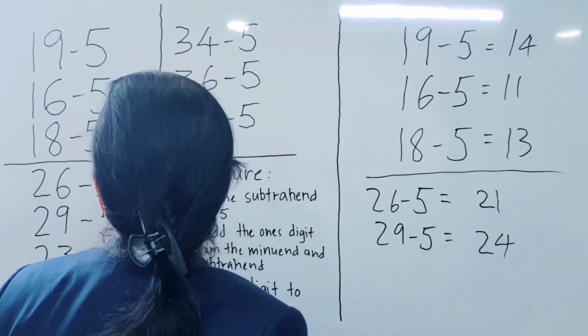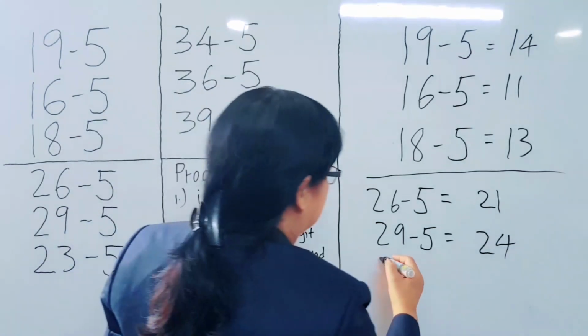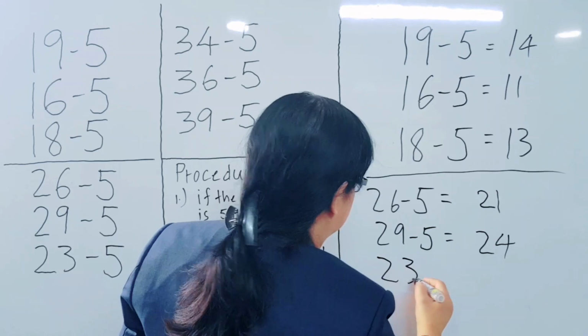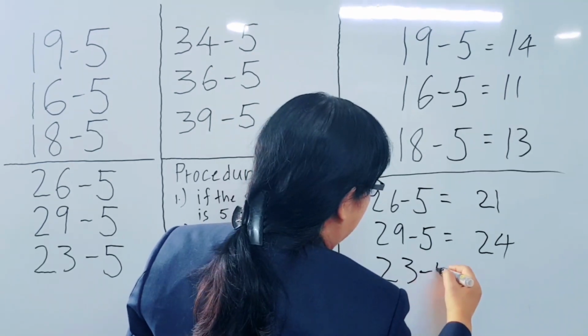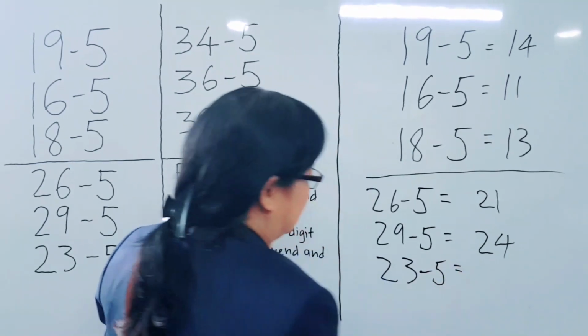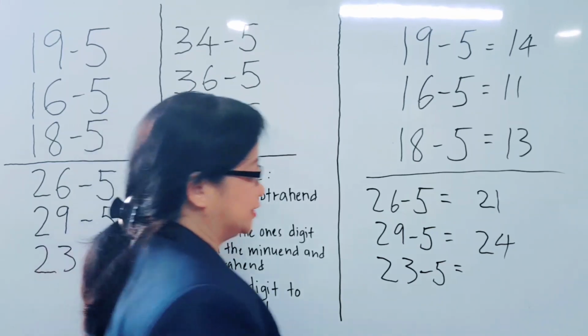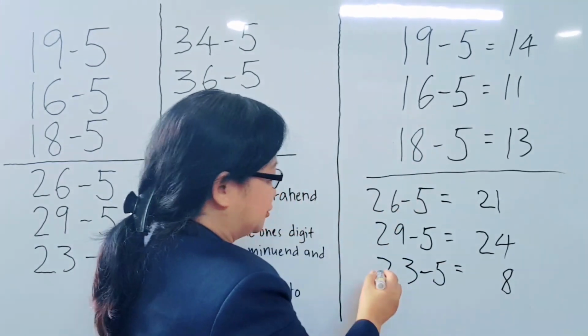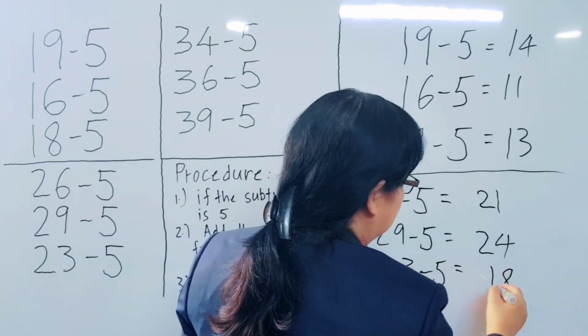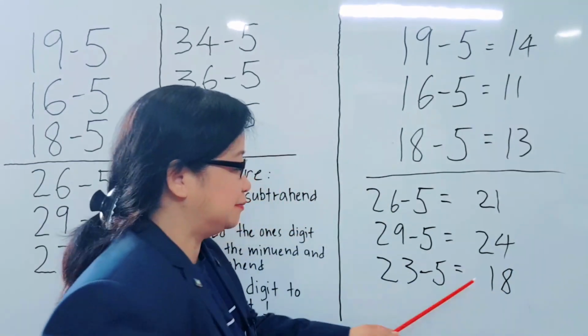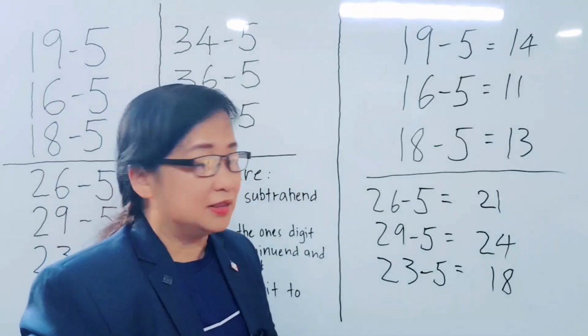And then, another example, 23 minus 5. 5 plus 3 is 8. And of course, 2 minus 1 is equal to 1. So, 18. 18 plus 5 is equal to 23.